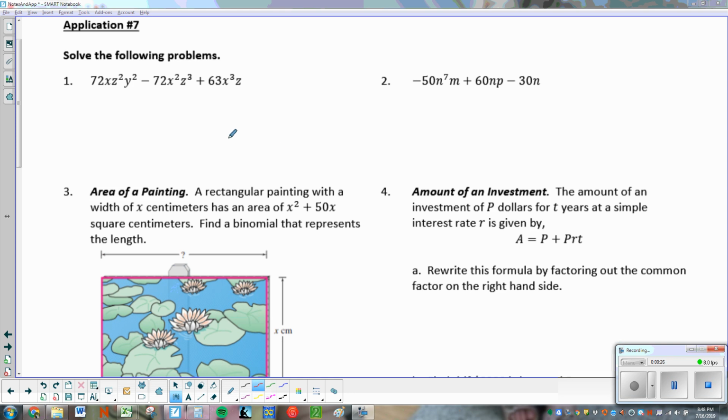So for starters, on these two problems, it does say to solve them. There's really no solving that can be done on these problems. They are factor problems. And I'm going to say on these, we want to factor the greatest common factor, or GCF.